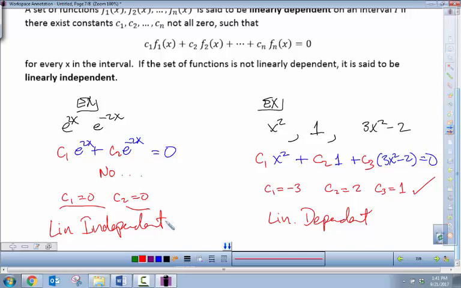So it turns out that when we're hunting for functions, it's important for us to know whether functions are linearly dependent or independent. Because if they're linearly dependent, then they're essentially the same function, except you can just add or subtract a constant times something else, and so that's not going to give us any new information.